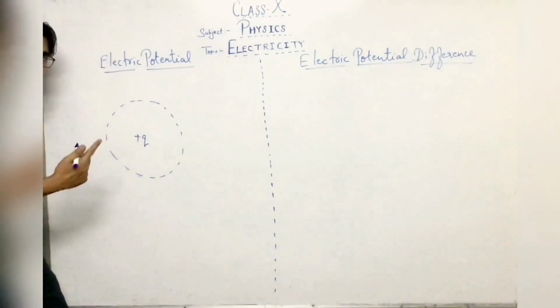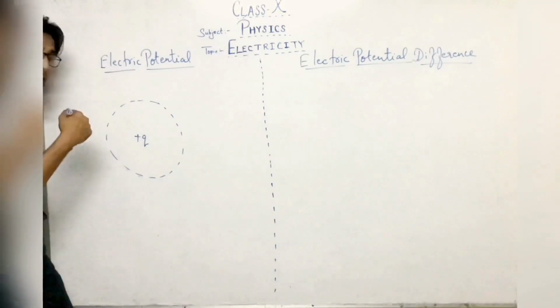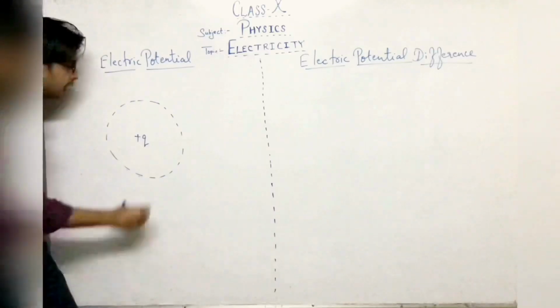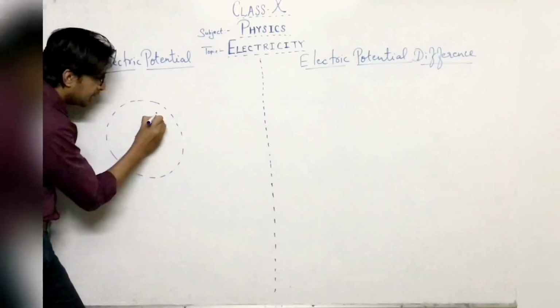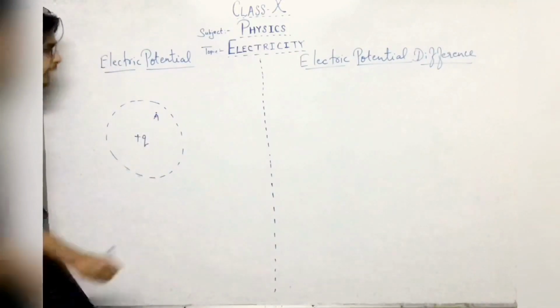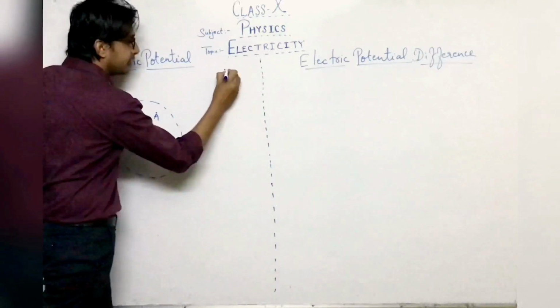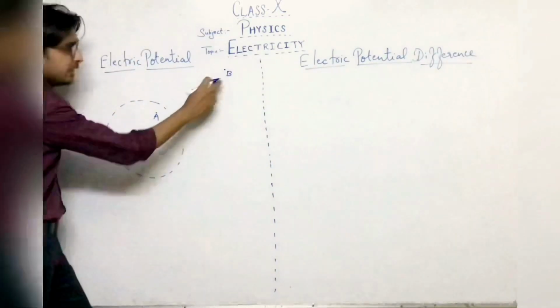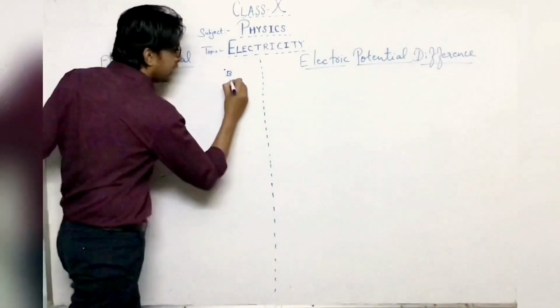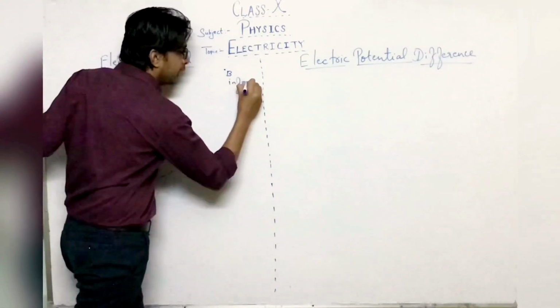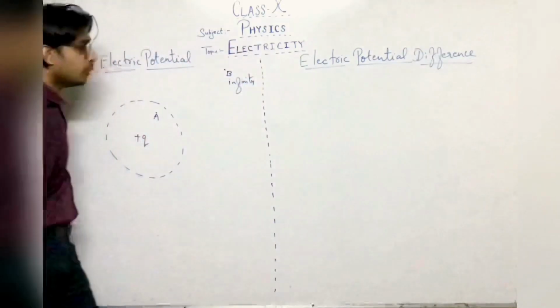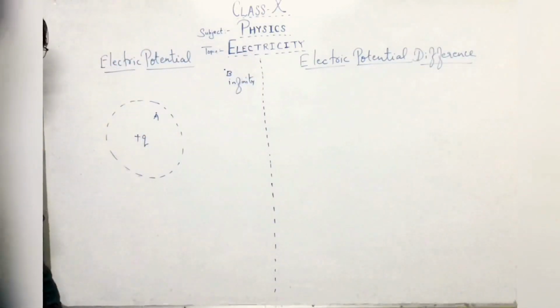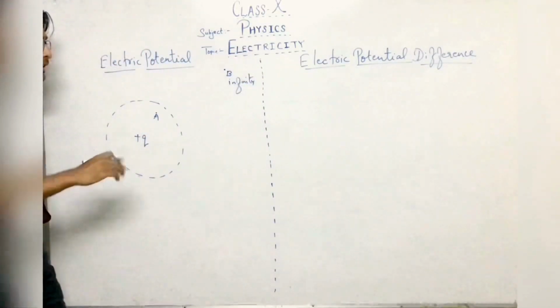Now we will take 2 points, one outside and one inside this electric field. Let the point inside be A and the point outside the electric field be B. This B is situated at infinity. Why? Because we don't know where it is. So we will say the B point is at infinity.